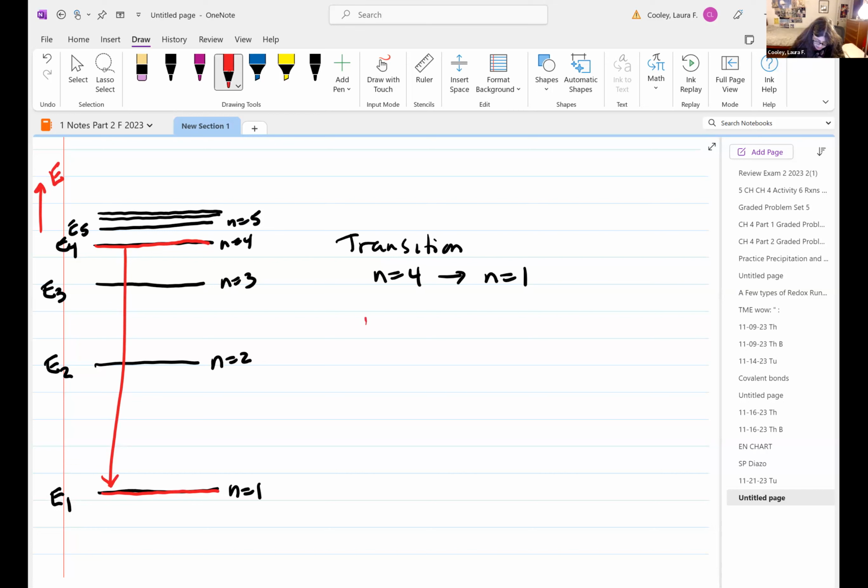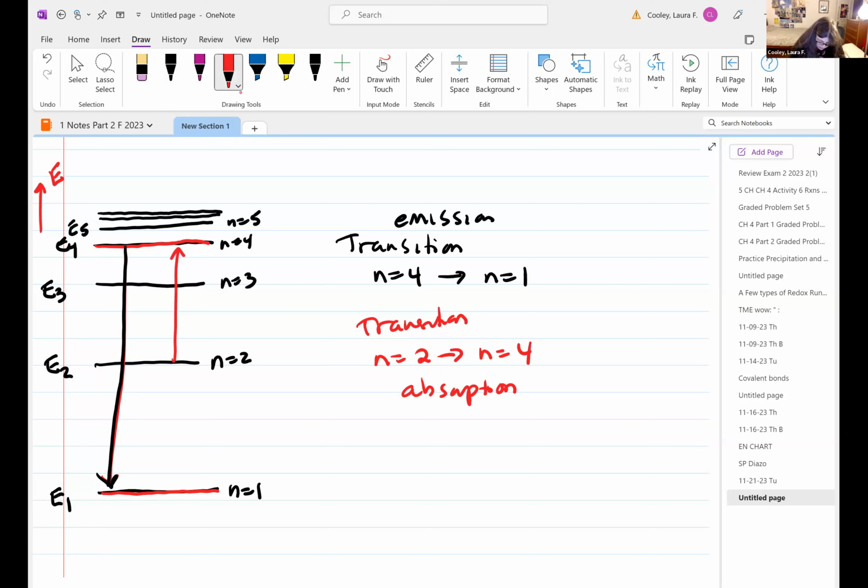If you have a transition from n equals 2 to n equals 4, now this transition here is an emission. Let me draw it in black because I'm talking about it in black here. For the red one here, this is an absorption. It's absorbing energy, so it would be going this way. Absorption is going from lower to higher.